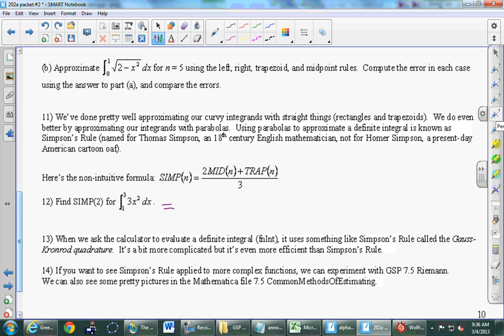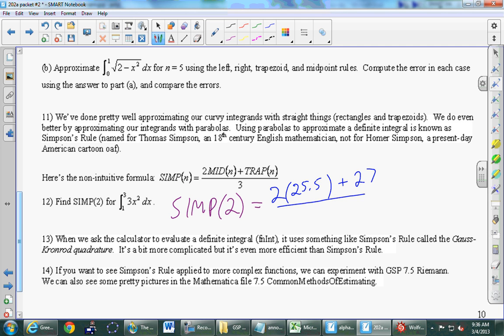So let's see if we can get the answer for the one we did on the previous page. If we wanted to do Simpson's rule with 2 parabolas, we use our formula. So we take 2 times the midpoint. What was our midpoint estimate? 25.5. Plus a single one of the trapezoid estimates, which was 27.